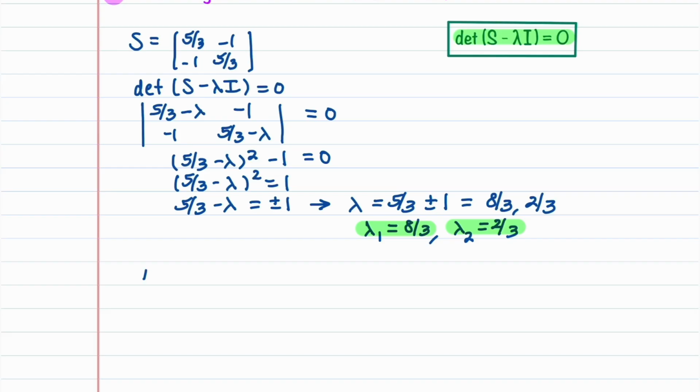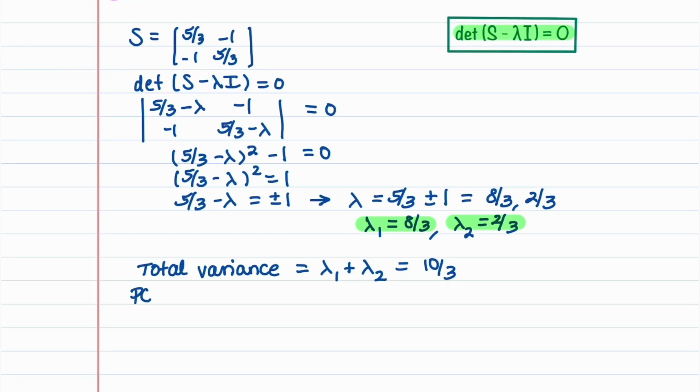The total variance is equal to λ1 plus λ2, and this is equal to 10/3. To find the total variance, you just add up all the eigenvalues. We're going to use this to find out how much variation or structure in the data can be explained by each principal component.